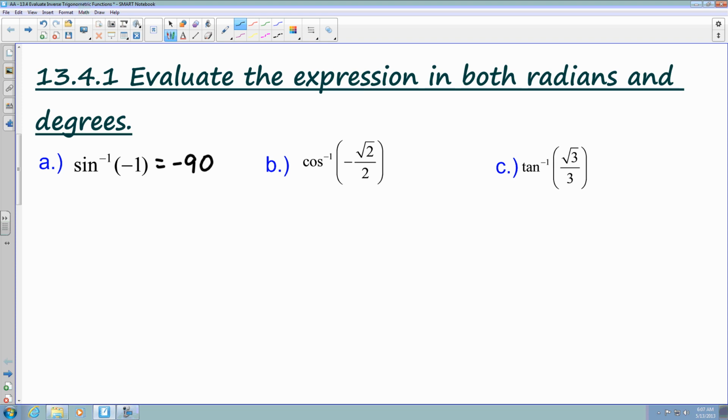If you're looking for the positive degree, if you graph it, this is -90 degrees right here, so taking it to a positive sense, it would be 270 degrees. Let's stick with the 270. If I write that in radians, I take 270 divided by 180, and in radians this would be 3 pi over 2.